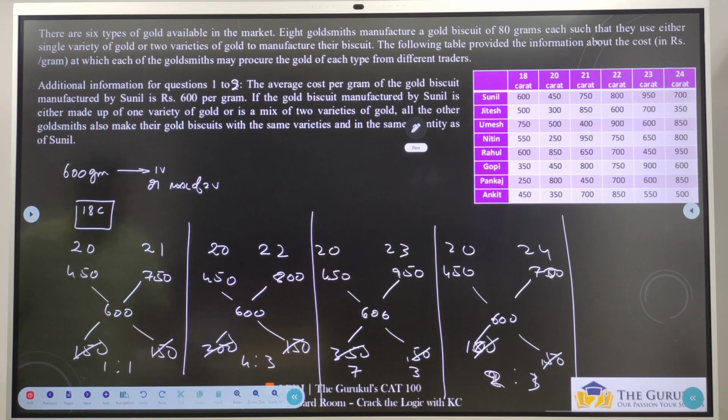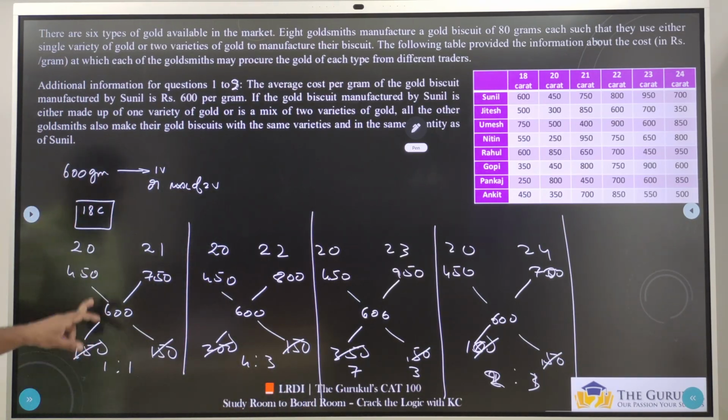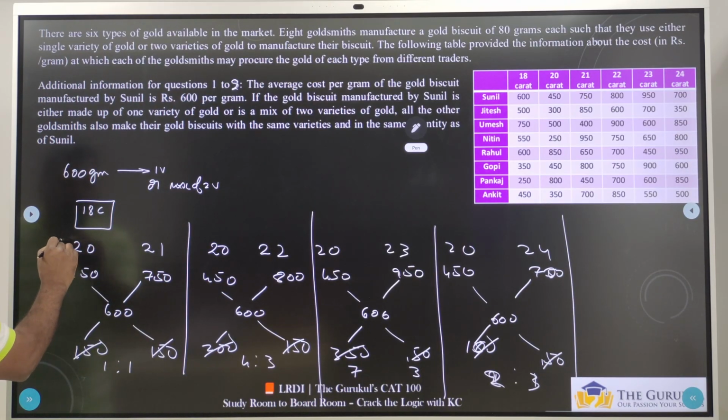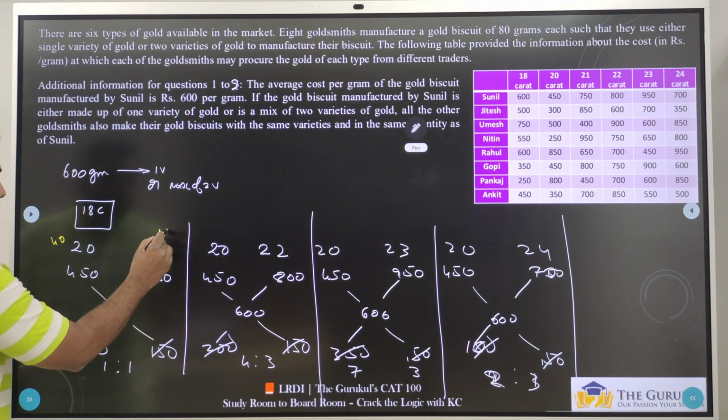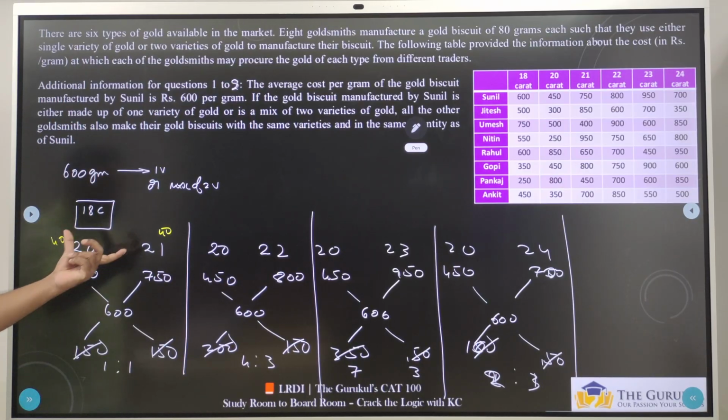Perfect. Now how do I conclude the further steps? If they both are mixed in the ratio 1:1, which means I am taking 40 grams of 20 carat and 40 grams of 21 carat, mixing both of them, and I am getting 600 rupees of some mixed carat, whatever they are going to sell.